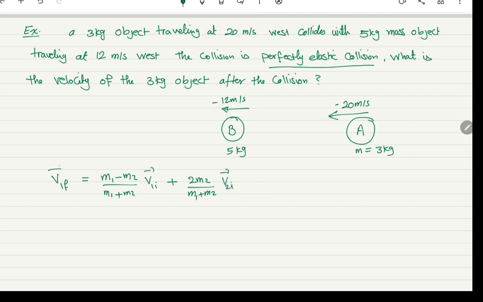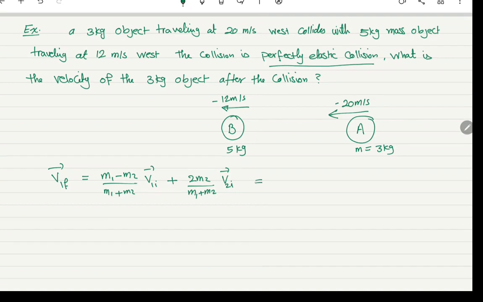So you do the math, and you will find v1 final, the final velocity for the object with the mass 3 kilograms, equal to minus 10 meters per second.